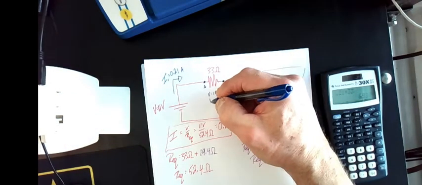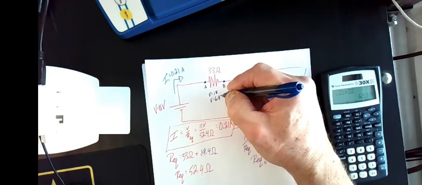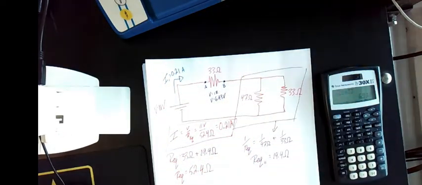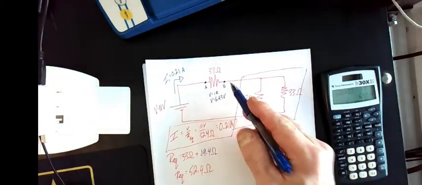So I see a 6.93 volt drop. Earlier we called it 6.6 because we didn't carry that extra digit, so we're seeing a bigger voltage drop here.